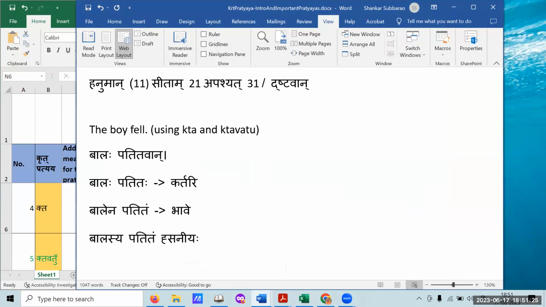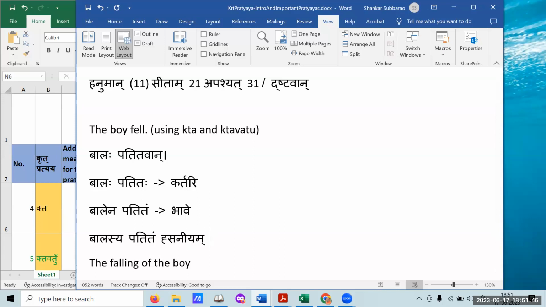Very different sentence, okay? Now, what this means in English is the falling of the boy. The falling of the boy. Not hasaniyah, I can make it hasaniyam.